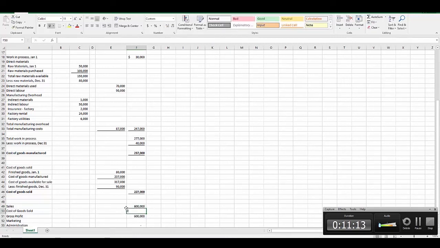And our cost of goods sold, which we've just calculated to be $227,000, we'll enter in that, because we want to subtract the cost. You have your sales, and you want to know how much those products cost that you sold. They cost $227,000. This means you have a gross profit of $373,000.